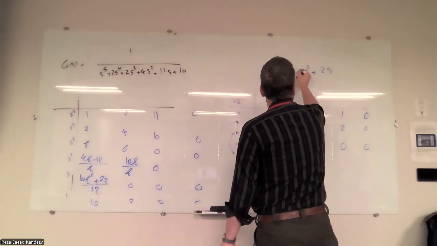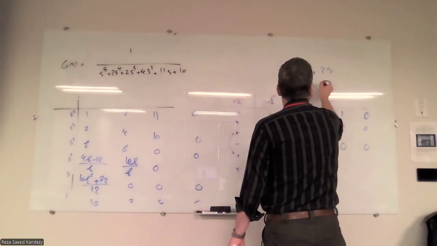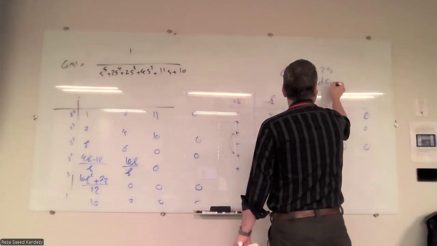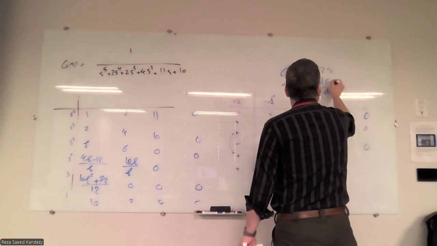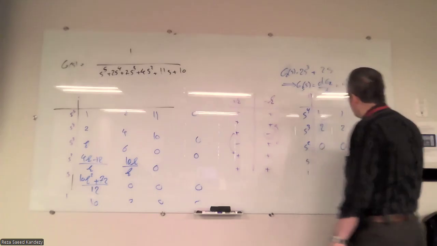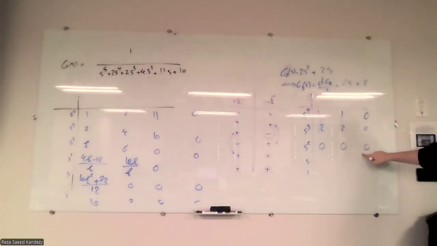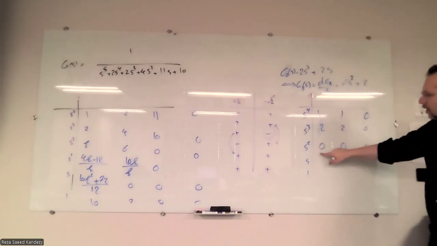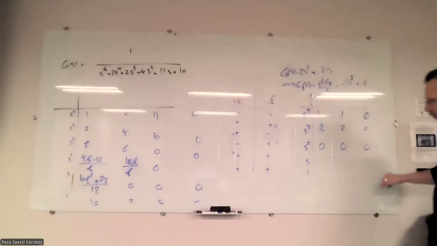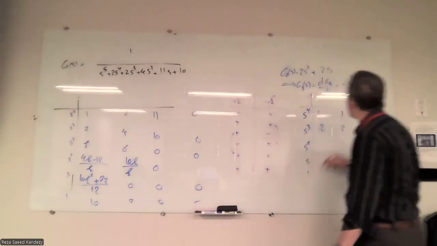So let's say this is G2 of S. So G3 of S is going to be the derivative of G2 with respect to S, which is 6S squared plus 2. Then we replace that in our 0 row, so we clear this one.